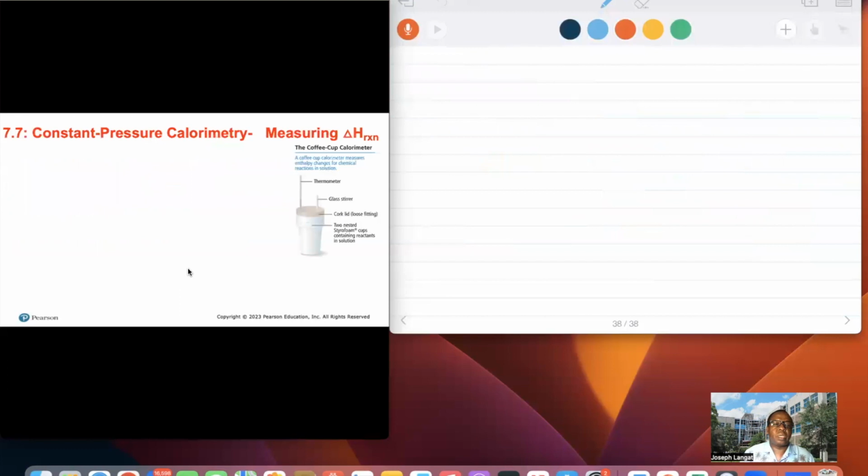So that is the determination of the enthalpy of reaction. Let's see. Constant pressure calorimeter measuring the heat of reaction. In the pump calorimeter, you measure or calculate the delta E. Constant volume is the pump calorimeter, but at constant pressure, you measure the enthalpy of reaction.